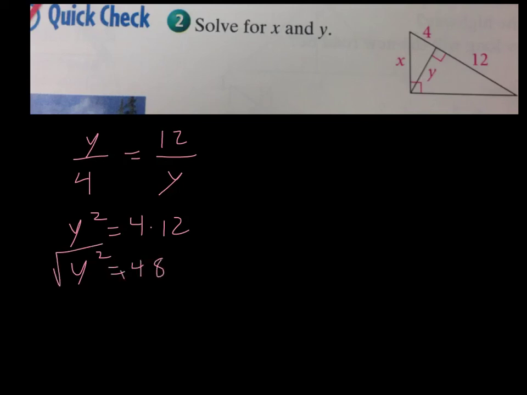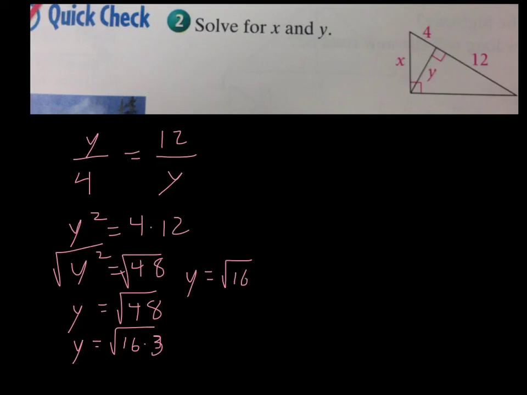Then you take the square root of both sides, so y equals the square root of 48. Again, a perfect square that goes into 48 is 16 times 3. So y equals the square root of 16 times the square root of 3. So finally we get y to equal 4 times the square root of 3.